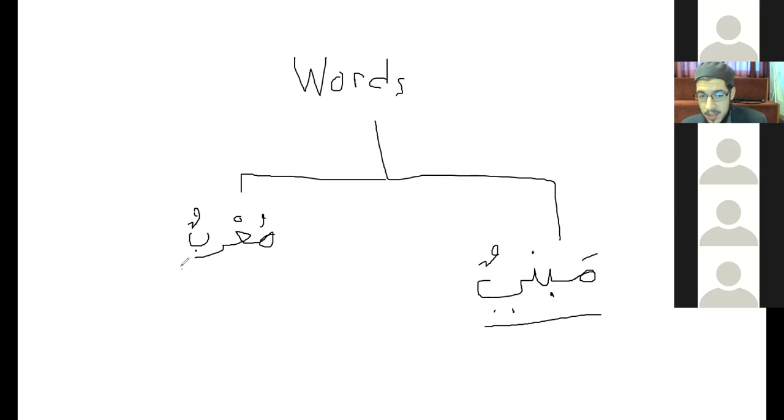Whereas words that are mu'rab are words whose endings change to reflect grammatical case. So there are different types of words. Nouns, by default, are mu'rab. There are exceptions, like the sister said, some of them that have an alif at the end.